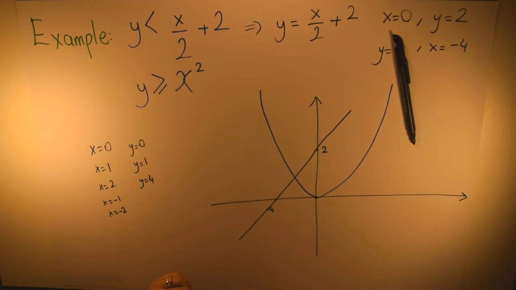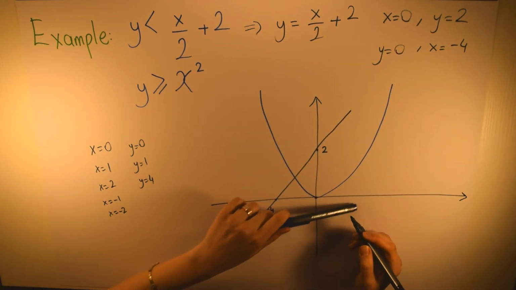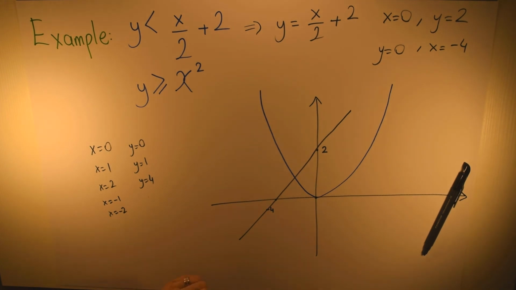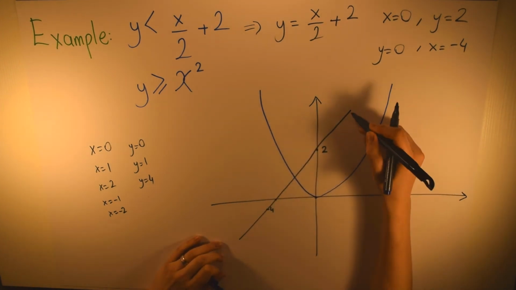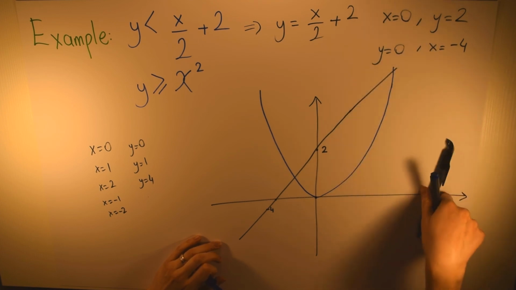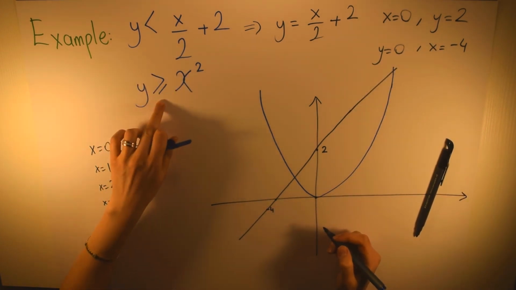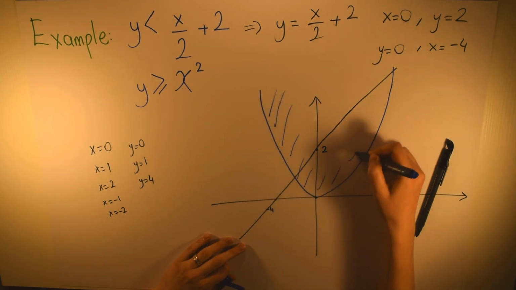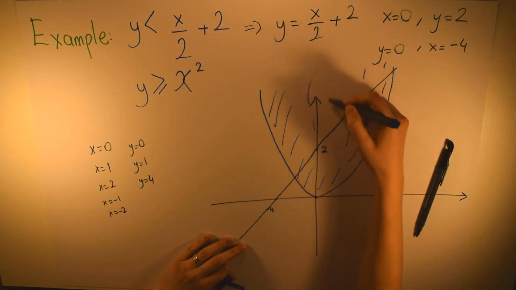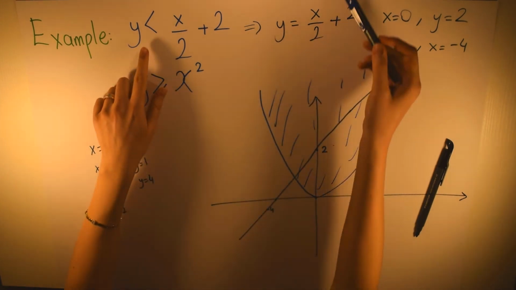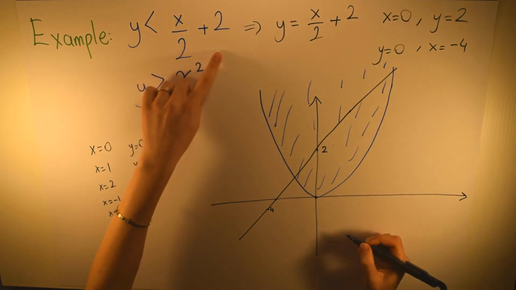Okay, so this is when y is equal to x squared, and this is your graph. So it says y is greater than or equal to. That's why, let me just make this like this, and this one like this. So equal to or greater than, that's why it will be the upper part, okay? And for this linear inequality, it says y is less than this one.